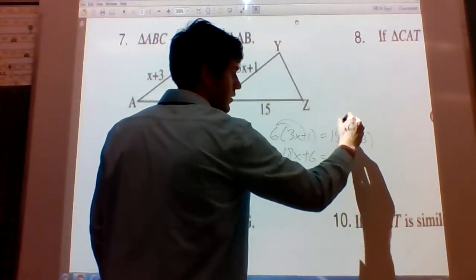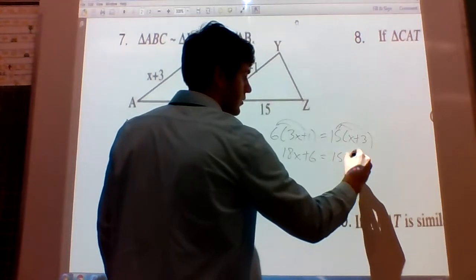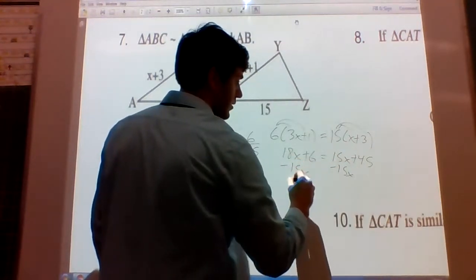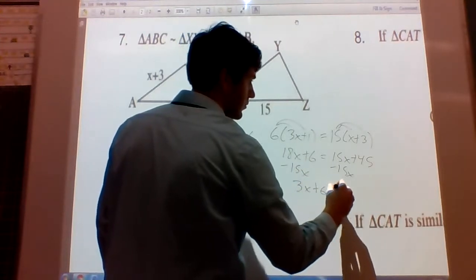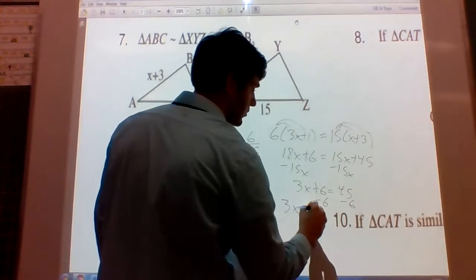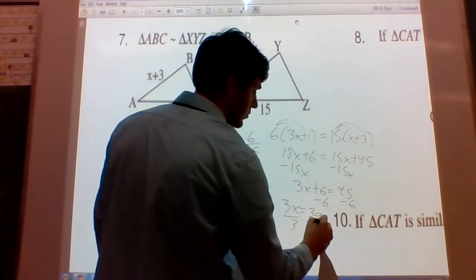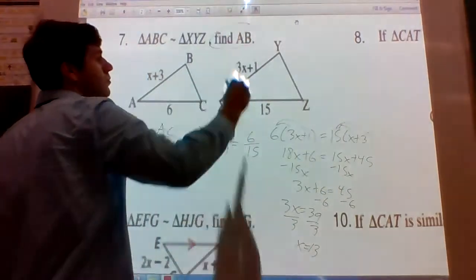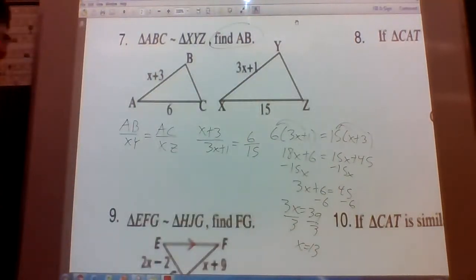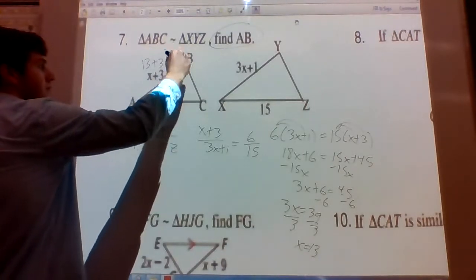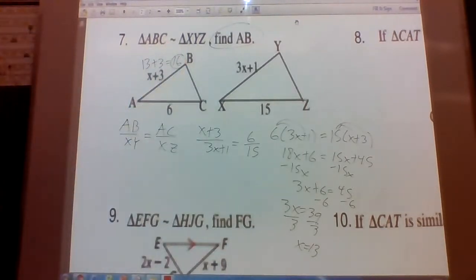Distribute, we get 15x plus 45. Subtract 15x. 3x plus 6 equals 45. Subtract 6. 3x is going to equal 39. Divide by 3. X equals 13. Is that our answer? No. We're looking for the length of AB. So 13 plus 3 equals 16.